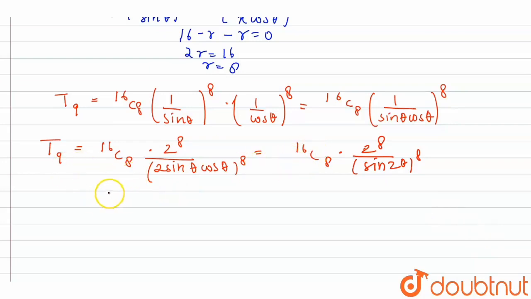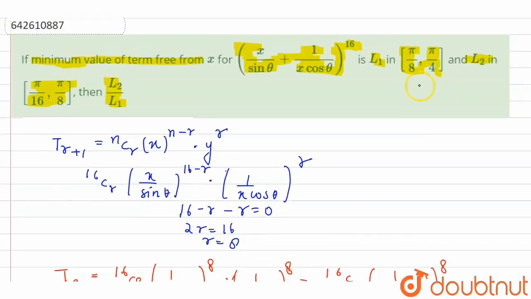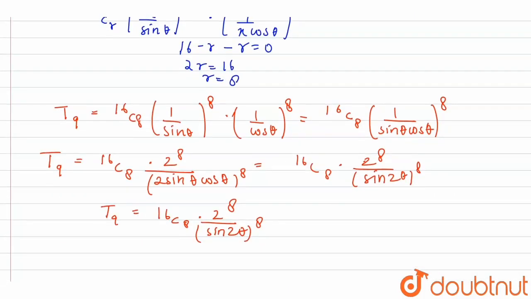Now let's write this. T9 is equal to 16C8 into 2 to the power 8 upon (sin 2 theta) to the power 8. Now we have to calculate L1. So L1 is given in pi by 8 to pi by 4. Now we see that sin 2 theta is in the denominator.